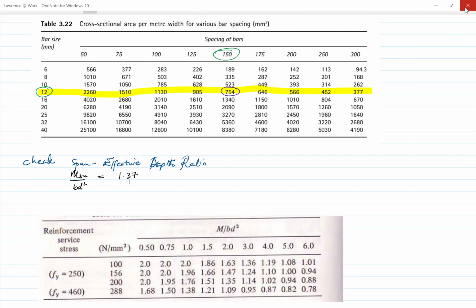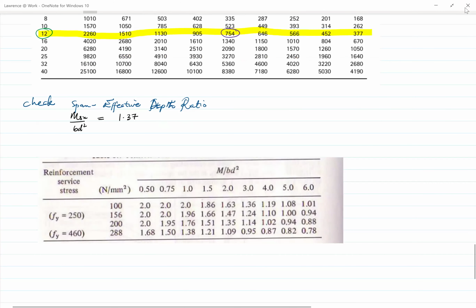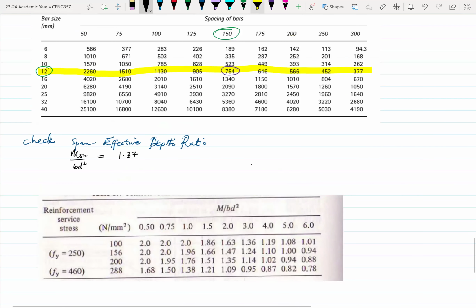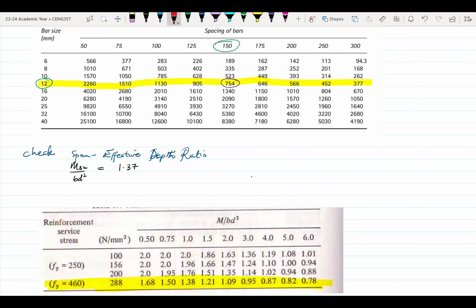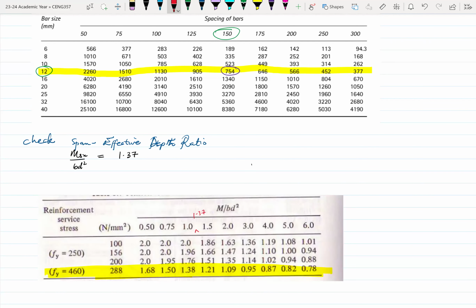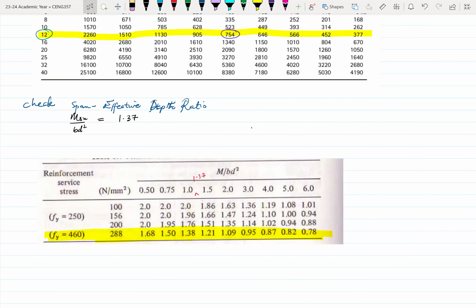Once you have this table, since our FY is 460, we got 1.37. So that is somewhere here. I believe this is where our 1.37 lies, which means that our value would be somewhere in between these two, which we can use interpolation to determine. This will be 1.25 from the table.